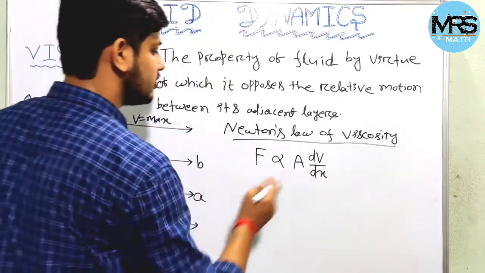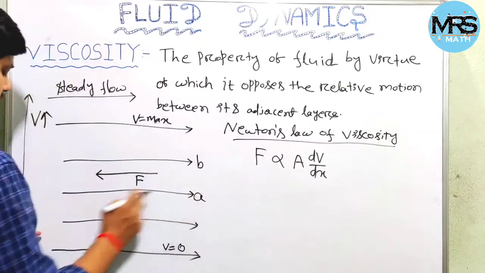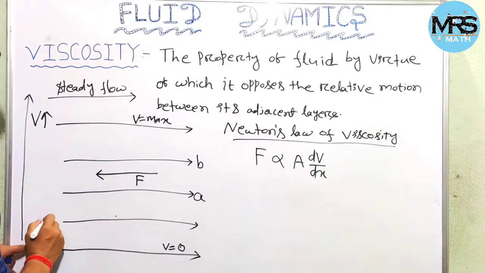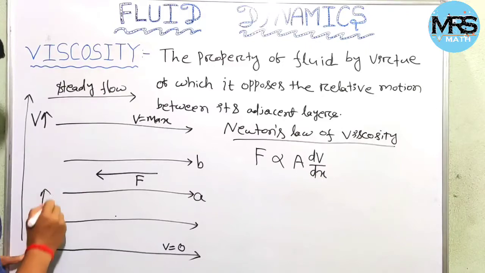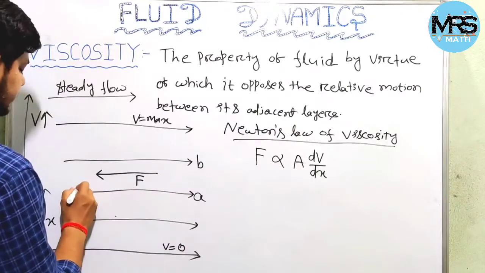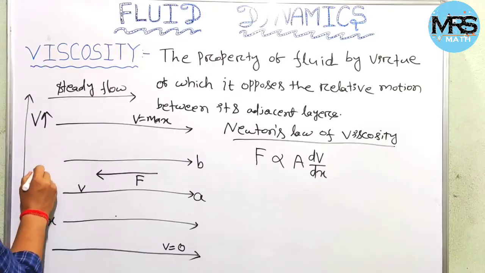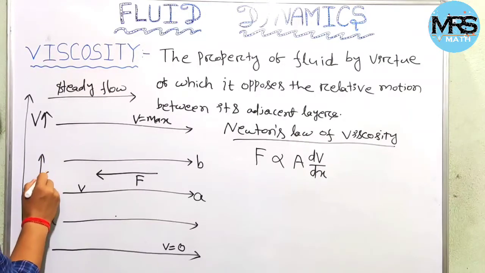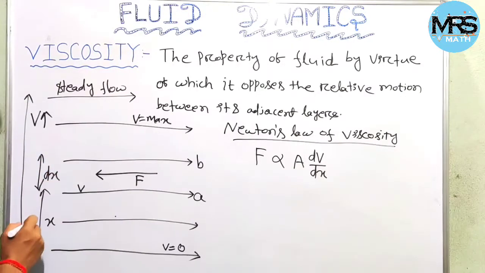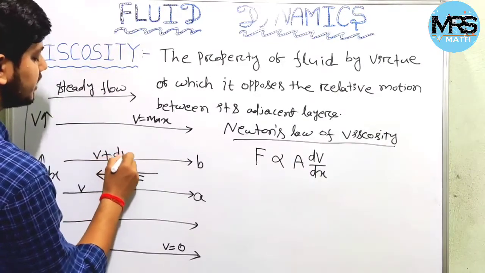So what is this velocity gradient? If we see this layer A, which is at a distance x from the horizontal axis, let this distance be x and the velocity be v. And if we go up by a small distance, that is dx, then the velocity will change to v plus dv.